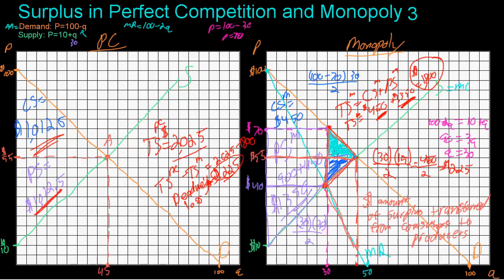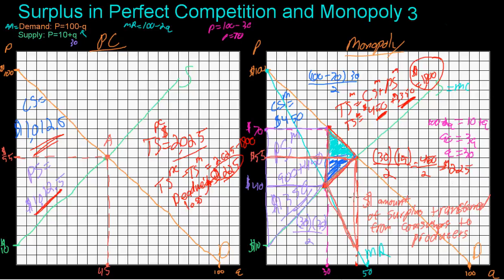Now, the next thing that I need to say is that this triangle here, this triangle that is below supply and above marginal revenue, and I don't quite know why this is true, but it always holds, is that the area of this triangle is the same as the dollar amount of surplus transferred from consumers to producers.